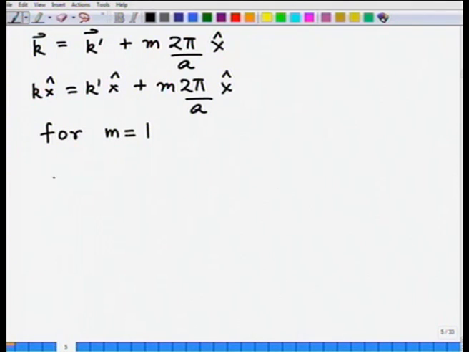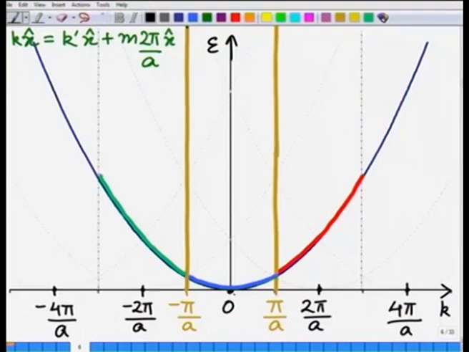Then k is equal to k prime plus 2 pi by a. So you notice that if I use this lattice point, this k vector, m equal to 1 means that the capital K vector I am using is this vector from here to here, the next lattice vector.